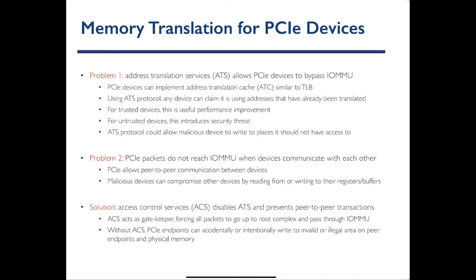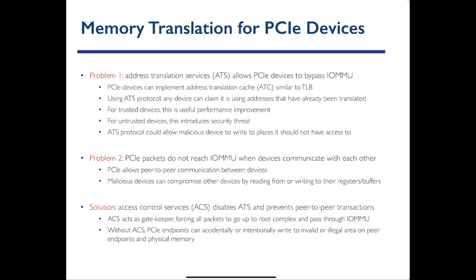The mechanism to fix both of these problems is to force all communications to go through the IOMMU without exceptions. As long as all communications go through the IOMMU, the operating system can control it and give it necessary instructions on who can access what memory or address ranges, and both of these problems would go away.